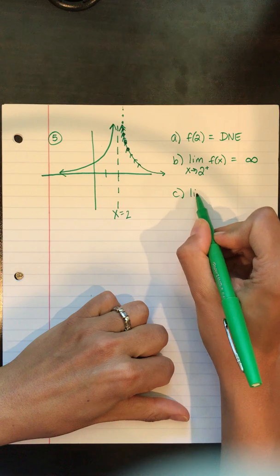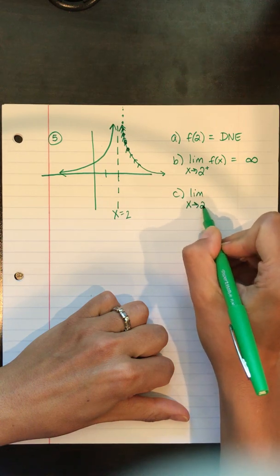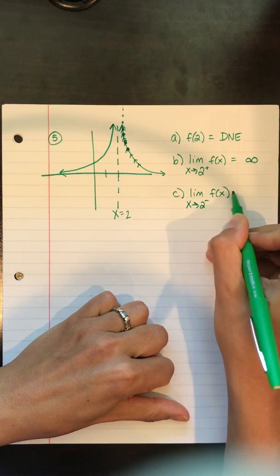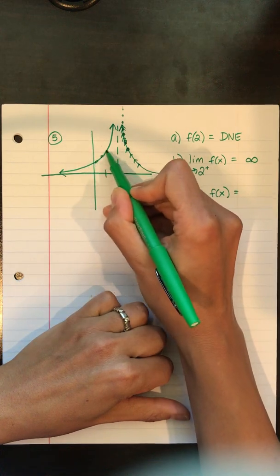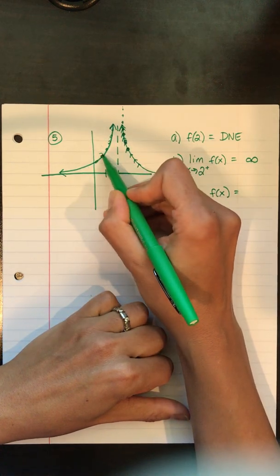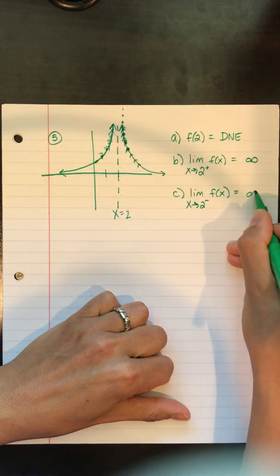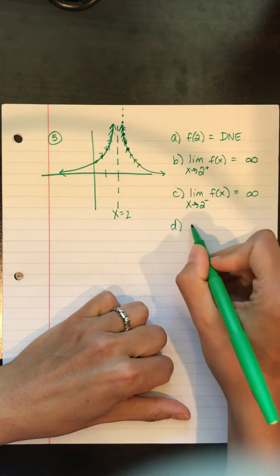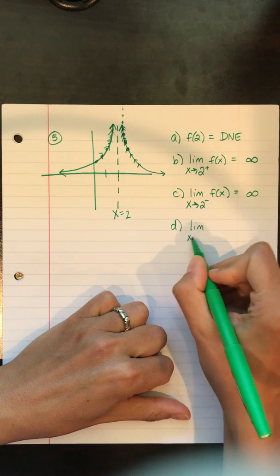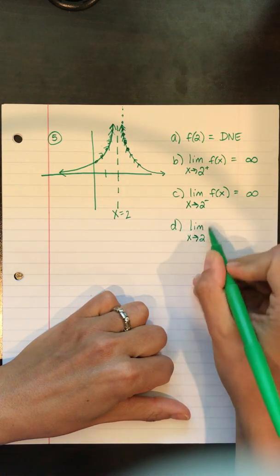How about the limit as x approaches 2 from the left? Well, let's see. So here's what my eyes are doing. Incoming from the left, approaching 2, it looks like they're also going to infinity. So you know what question I'm going to ask you next. I'm going to say, what's the limit at 2?